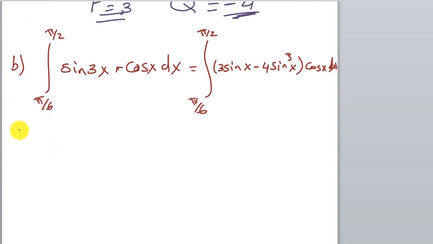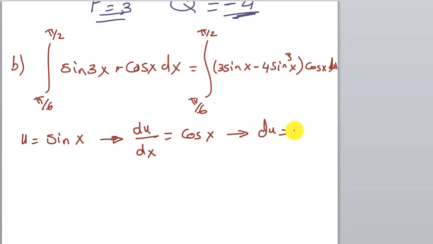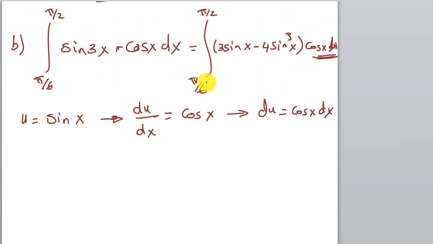So let us use u and v. So u equal to sine x. From here, du by dx is equal to cosine x, so du is equal to cosine x dx, which is this part. But I need to change also the limits of integration. So u1 is equal to sine pi over 6 and u2 is equal to sine pi over 2.